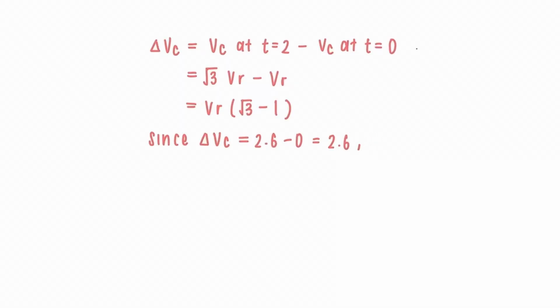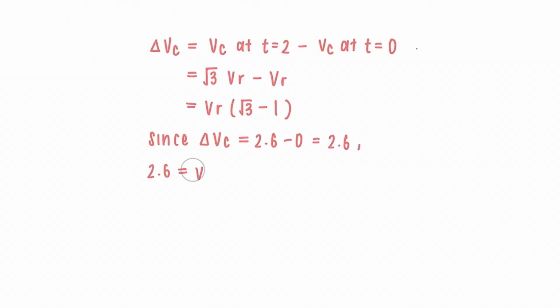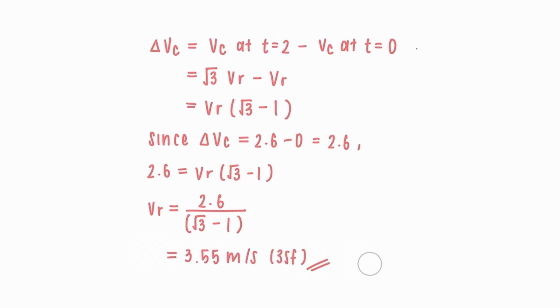Since the change in velocity of the car can also be found as 2.6 minus 0, which is 2.6, you can equate both to find your VR, where 2.6 equals VR (square root 3 minus 1), making VR the subject. 2.6 divided by (square root 3 minus 1), in the end you'll get 3.55 meters per second.